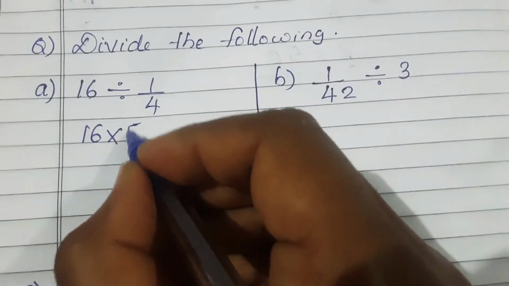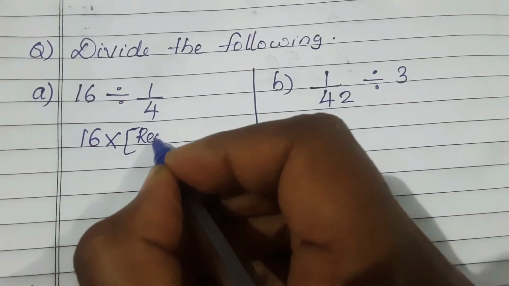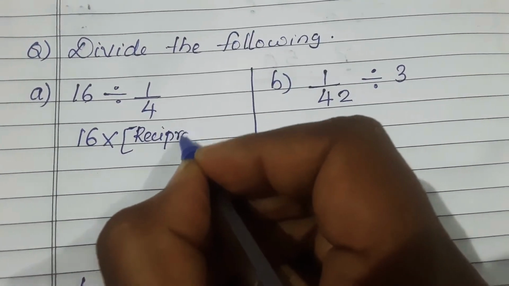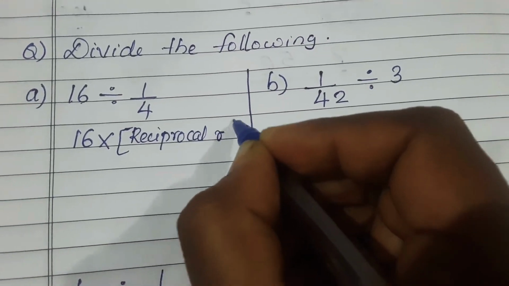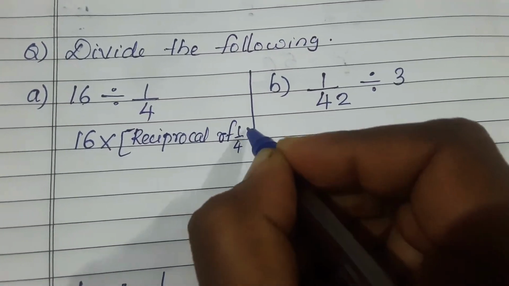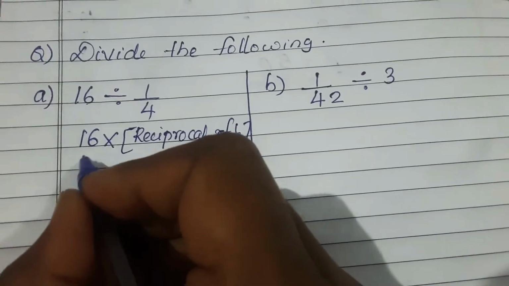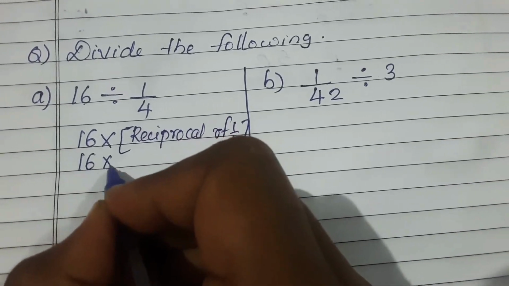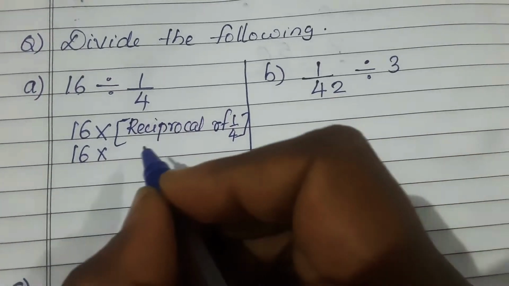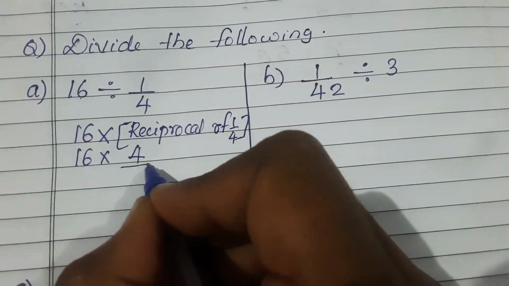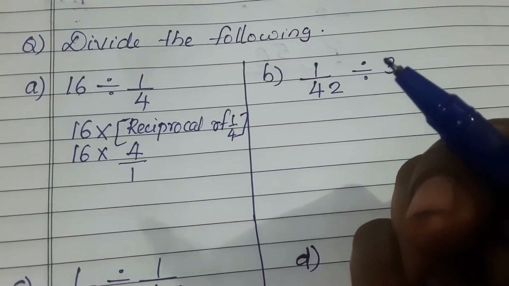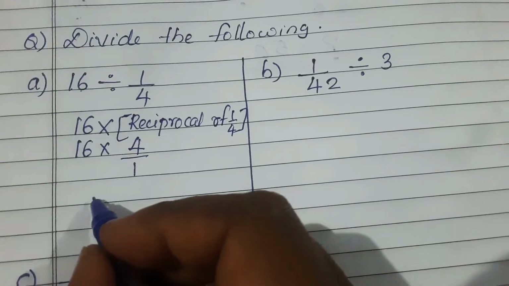That is the rule. Take the reciprocal of the second one. Reciprocal of the second one is 1 by 4, isn't it children? So you write 16 into reciprocal of 1 by 4, which is 4 by 1.